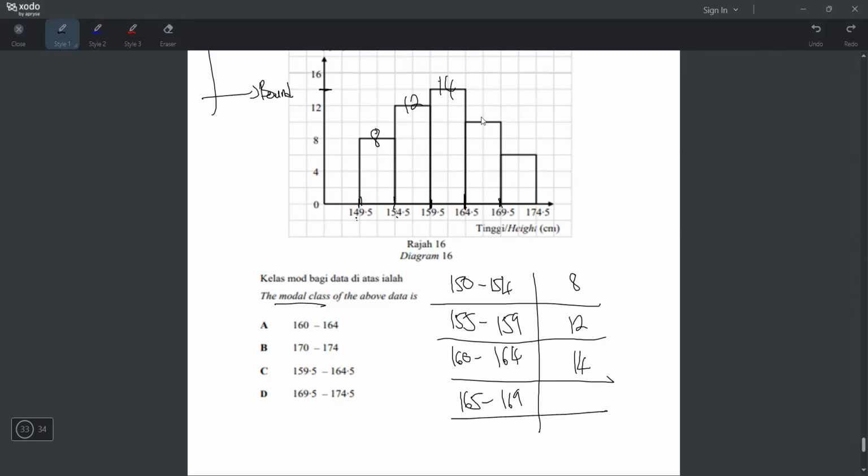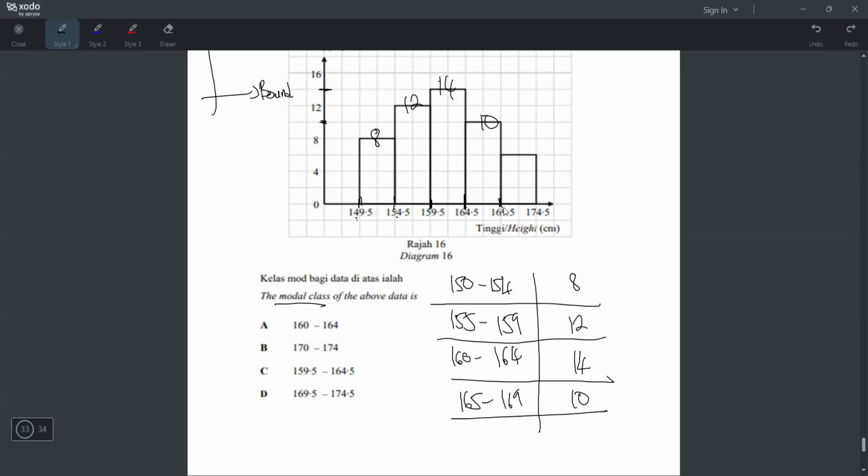And what is the frequency? It is not 9, it is 10, because one box adds 2. Here it is plus 4, so one box means plus 2. So 8 plus 2 is 10. So this one is 10.